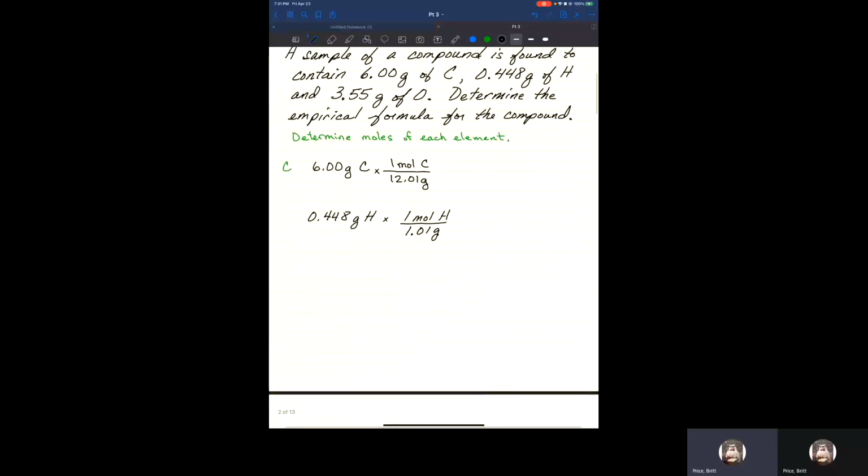Finally, oxygen, and we had 3.55 grams of oxygen and 1 mole of oxygen is 16.00 grams.